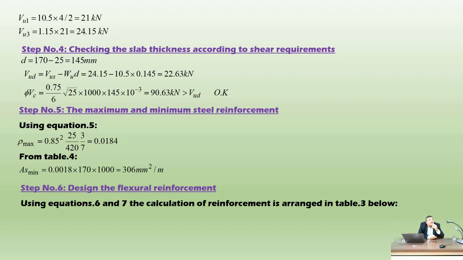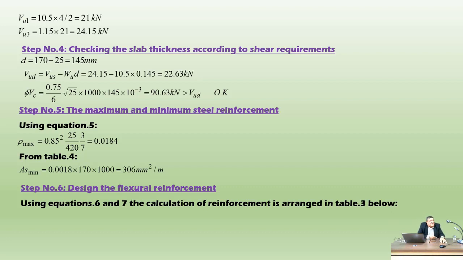From table 4, AS minimum equals 0.0018 times 170, which is the total depth, times 1000, which is the width of the strip, and equals 306 millimeter squared per meter.